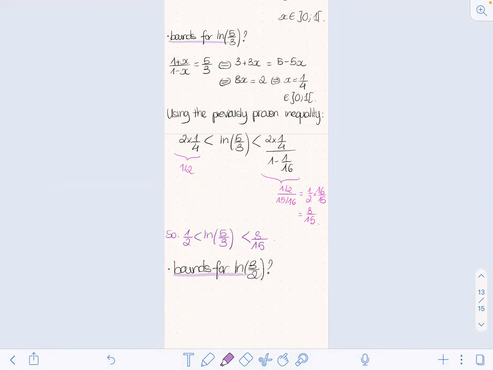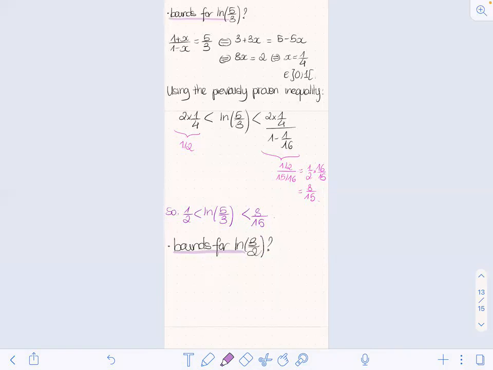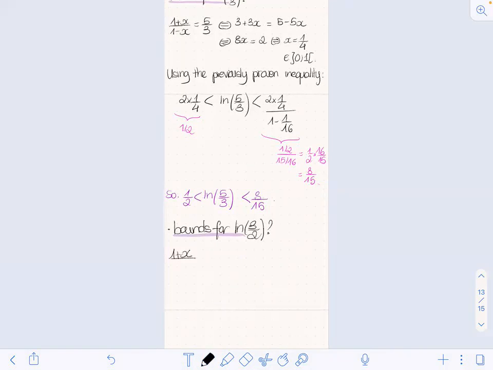Okay, so what x would you get if you're trying to get (1 plus x) divided by (1 minus x) equal to 3 over 2? I have x equal to 1 over 5.